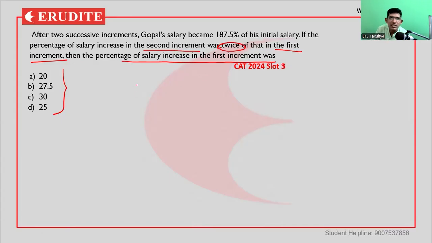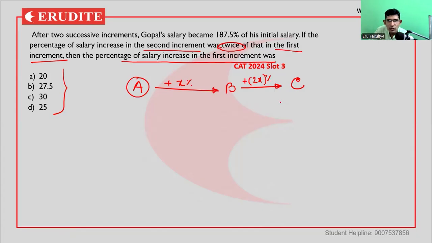We can write it like this. Let's assume the initial salary was A. First it was increased by X%, so it becomes B. After that it increases by Y%, so it becomes C. Now it says the second increment was double the first, which means this will be 2x%.